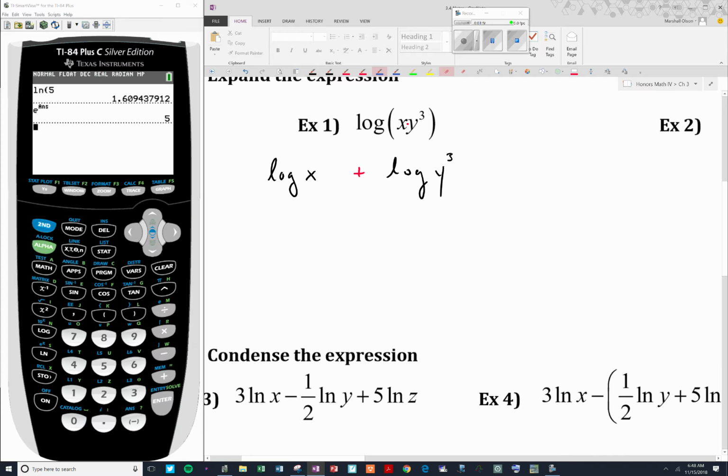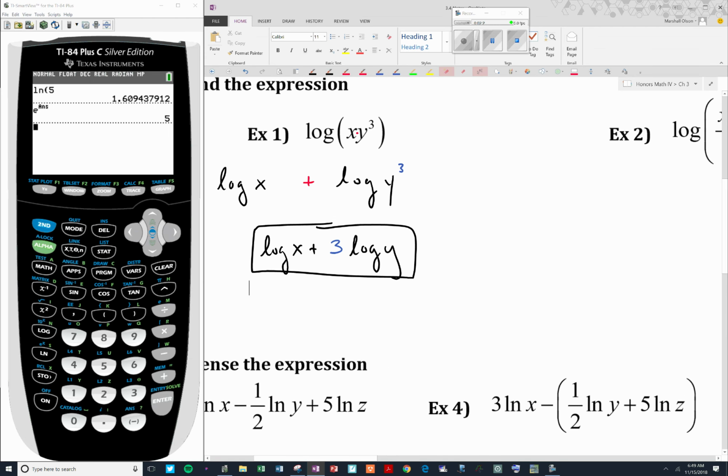Now that 3 is only on the y, we can bring it down in front of that log and have log of x plus 3 log of y. We don't need that 3 anymore because I brought it down. So we expanded that, wrote it as the sum of two logarithms.